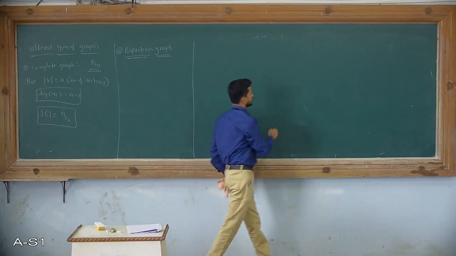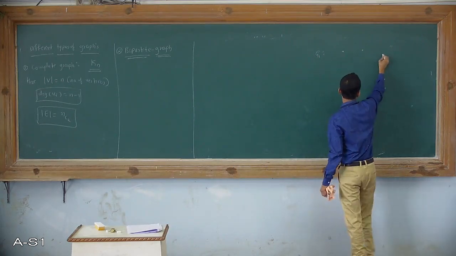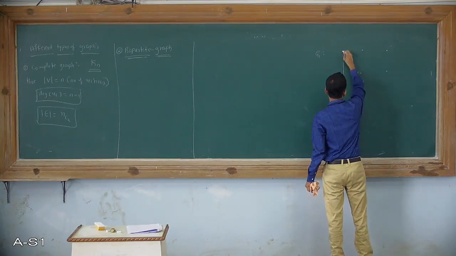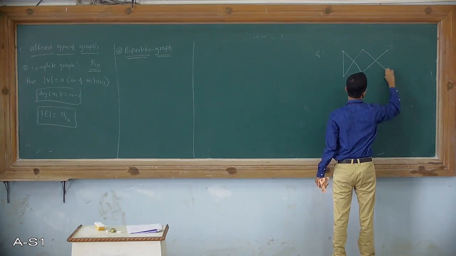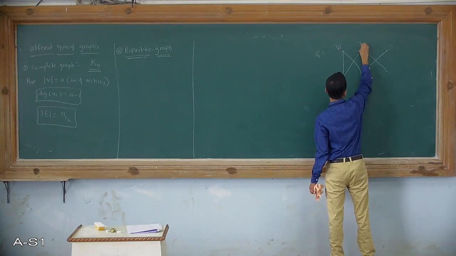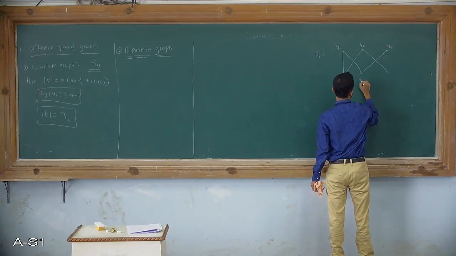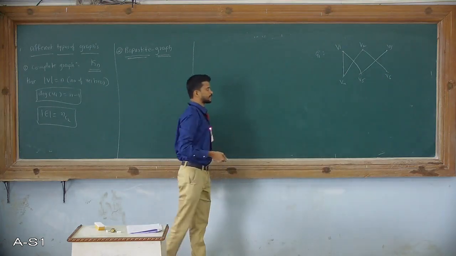Now we'll consider some more graphs here. That is V1, V2, V3, V4, V5 and V6. So this is also a bipartite graph.